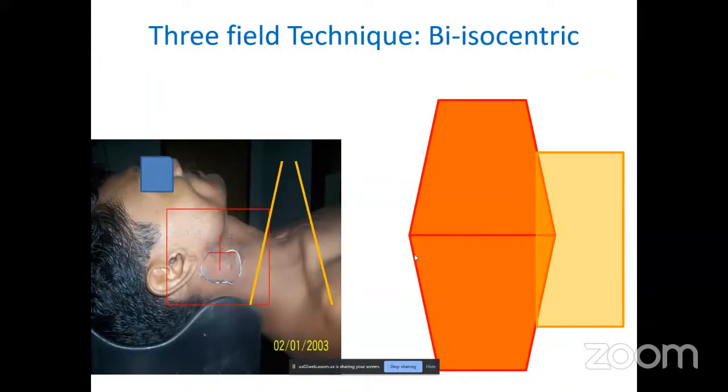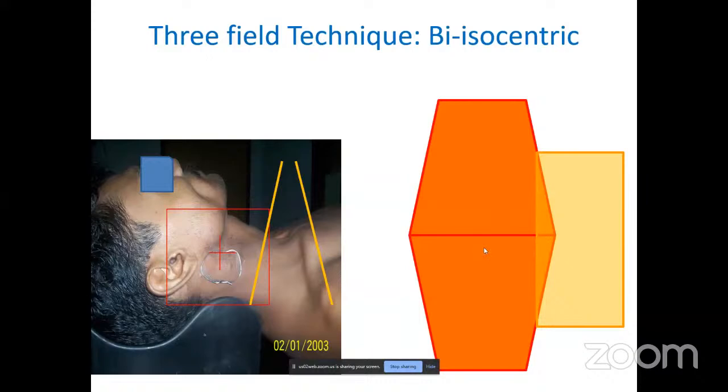So how can we plan a 3 field technique? Either we can consider bi-isocentric. Bi-isocentric means 2 bilateral portals with the isocenter within those portals, and the third is the anterior portal with the isocenter in the third portal.